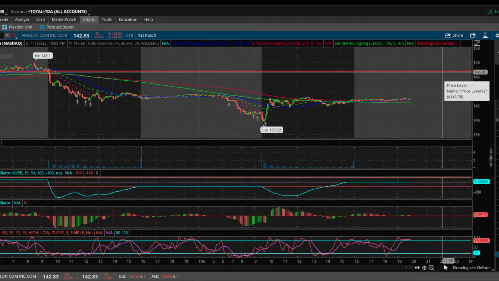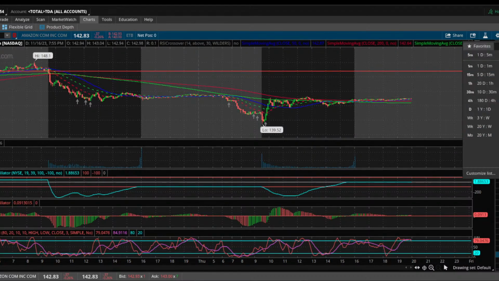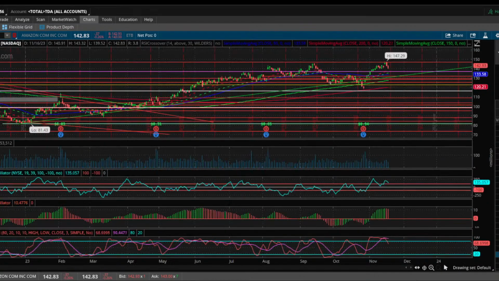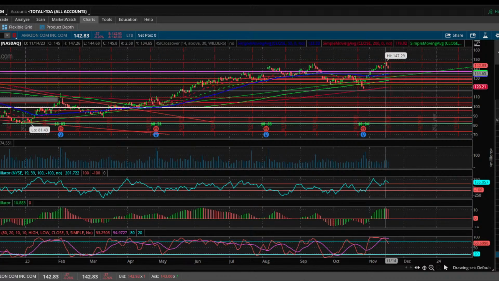Something I want to point out on Amazon: if you look at the daily candles, you hit a high of 147.29, and from here you can get one more push from this purple line.